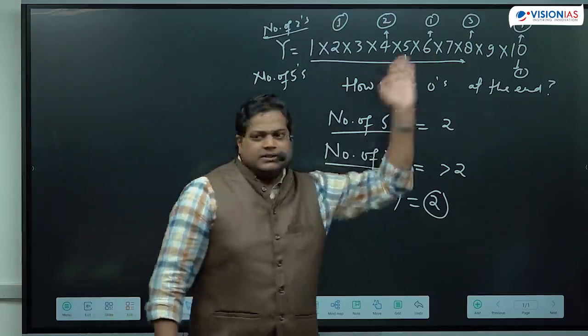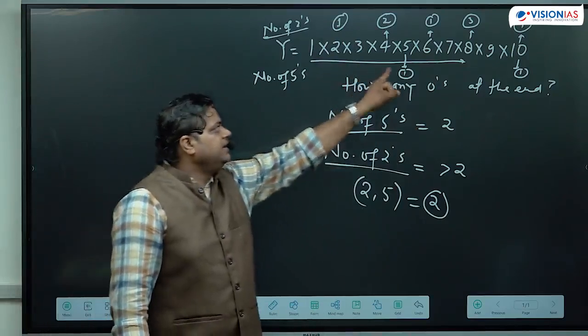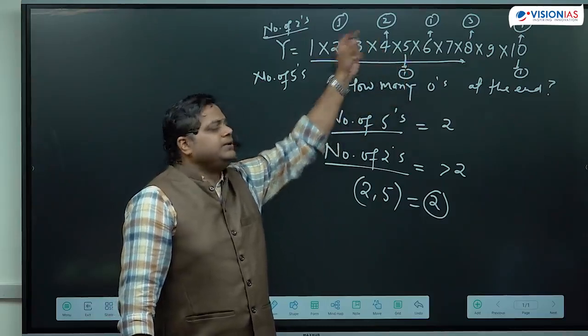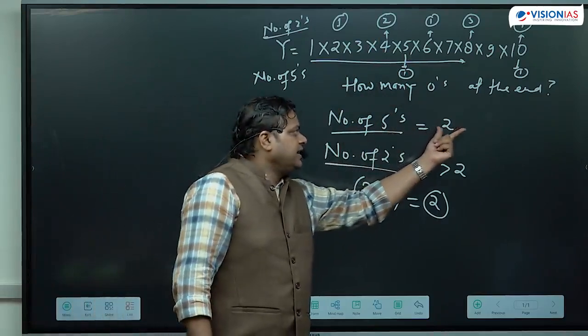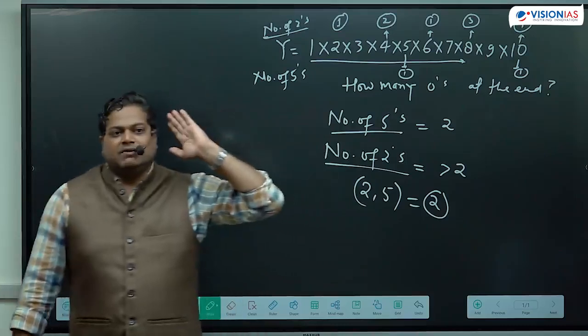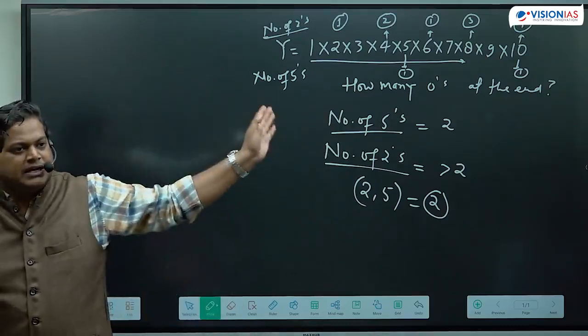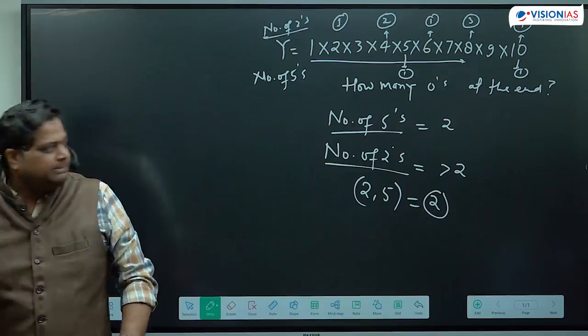So further also the same pattern will get followed. So we can see कि number of 5 will come in less number of times as compared to number of 2s. तो हमें सिर्फ निकालना है number of 5s. We'll get answer कि how many times zeros are coming at the end. आंसर हो जाएगा 2.